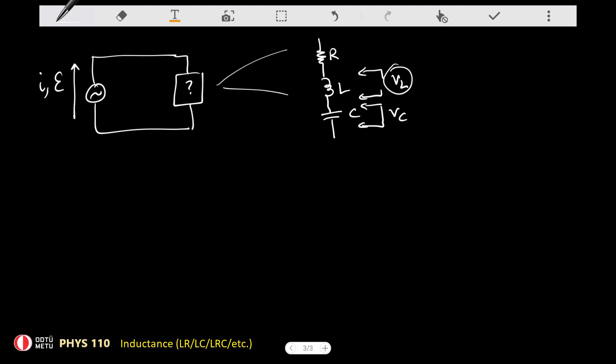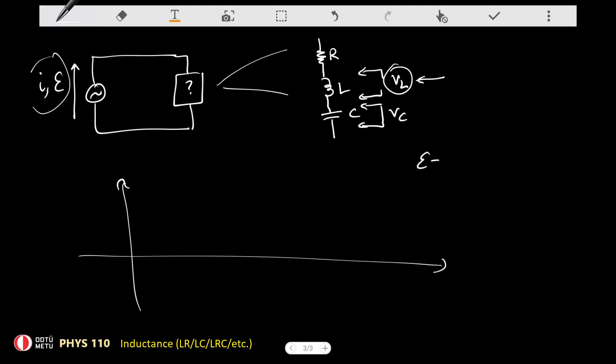Again, I have just said something about the potential concept for inductors. I have said that this is usually meaningless, because there's actually an EMF in there, so we cannot define the potential difference in there. But usually when people are doing these kind of circuits, they just forget about this detail, and they just show this thing as a potential drop. So we will also talk about these kind of things. I'll just start with the EMF and the current.